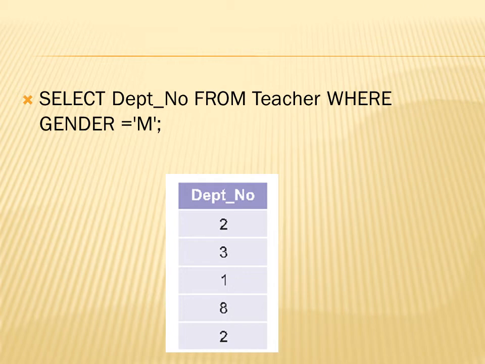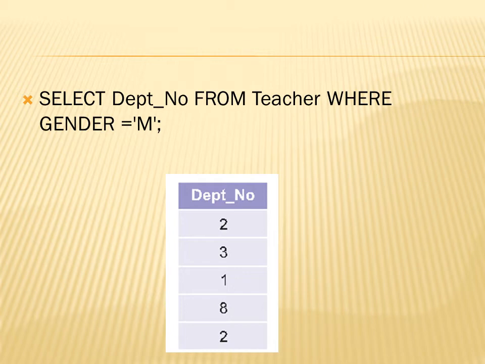Only the department number will be shown where the gender is male. Okay, in these particular departments, male teachers are there. But here you can see that the department number is also getting repeated. The department number 2 has been displayed 2 times, so we don't want this to happen.